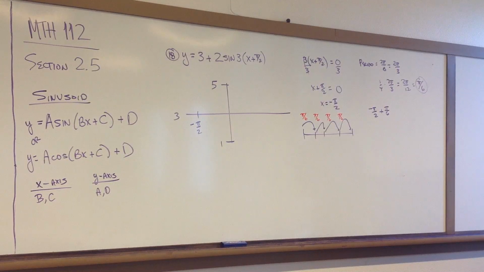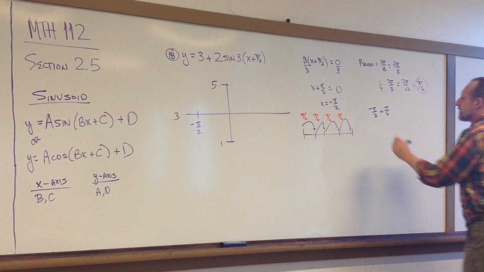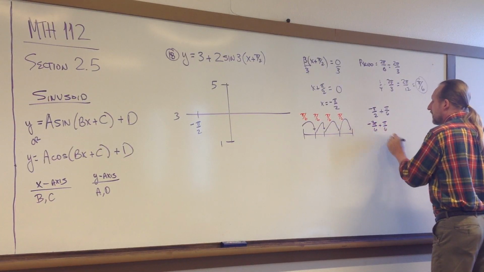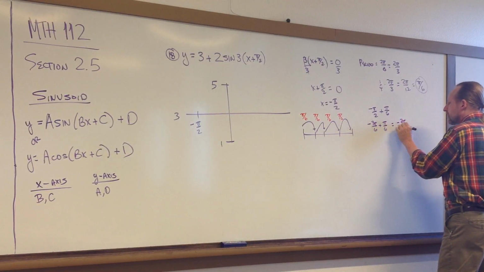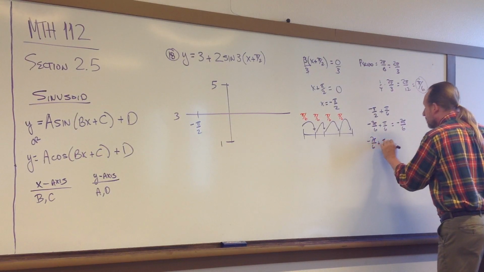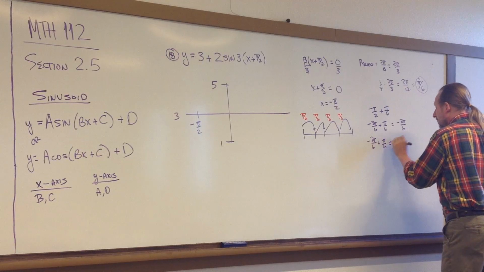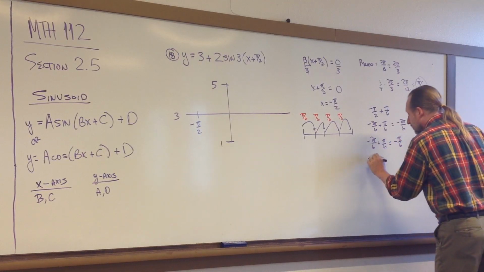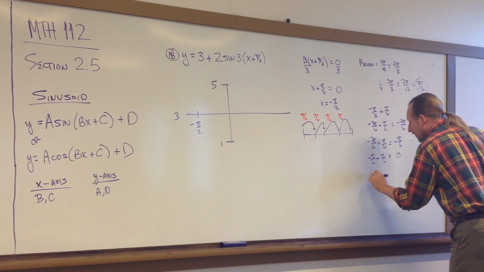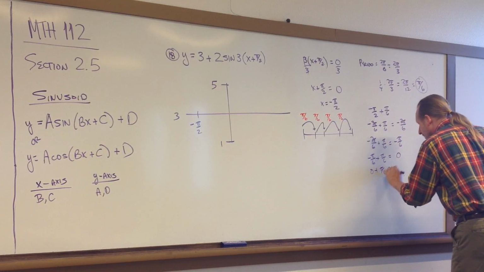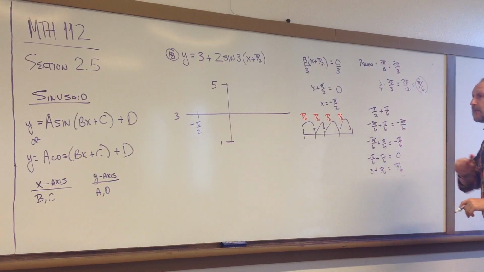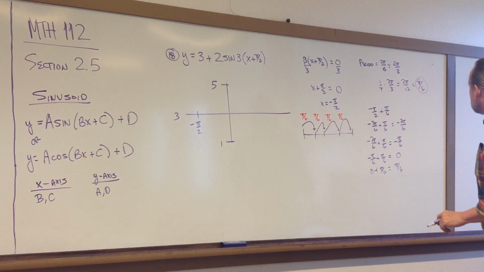Let's see, we need a common denominator, so that's going to be a 6. Negative 3 pi over 6 plus 1 pi over 6 is negative 2 pi over 6. And then we'll get negative 1 pi over 6 plus pi over 6 equals 0. And then positive pi over 6. Let's see, 1, 2, 3, 4, 5. That's it.